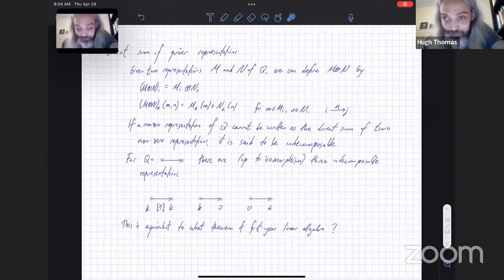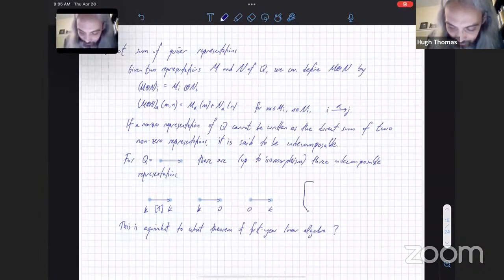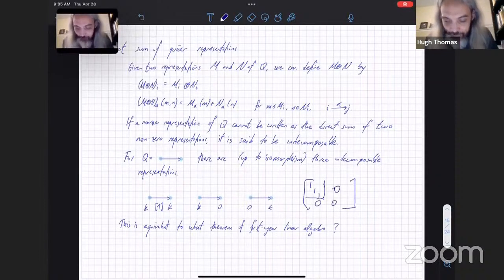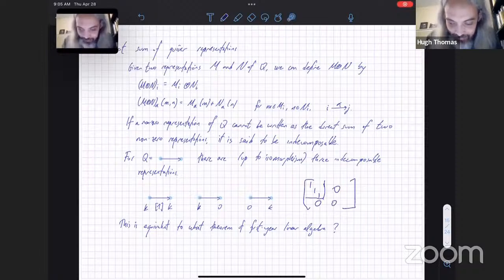Anyone have a suggestion? Two matrices of the same rank are equivalent? Yeah, exactly. Said more concretely, any matrix can be turned into a matrix which has an identity piece and is 0 everywhere else. Because basically, a representation of this quiver is a linear map between two vector spaces.